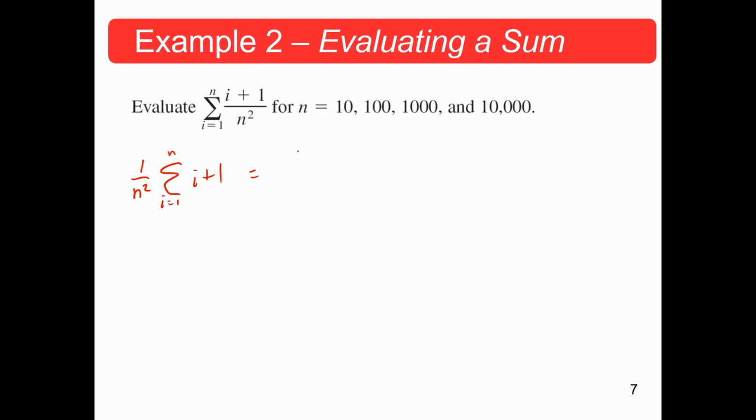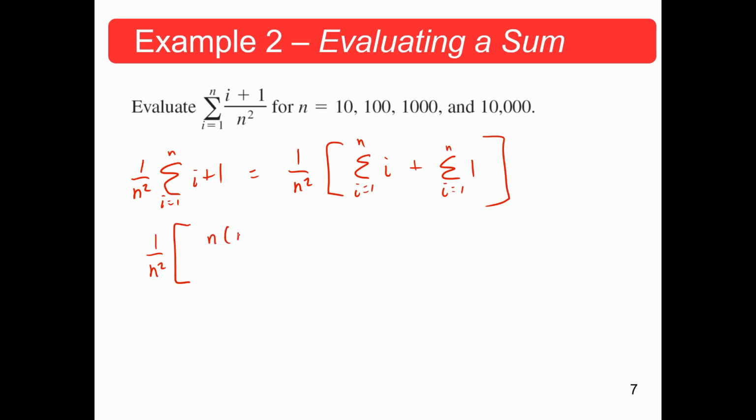Now, I can also break this down into two separate sums. So this gives me 1 over n squared times the sum of i from i equals 1 to n. Now I know that's just n times (n plus 1) over 2, plus the sum of just 1 from i equals 1 to n, which is just the constant times n, or n.